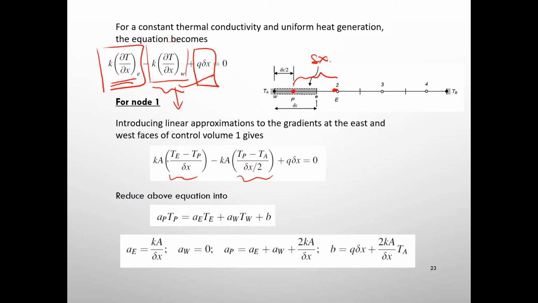That is how these equations come from. Meanwhile, if you want to compare to A, since this is half the distance compared to the one before, to the east, the distance is delta x over 2. And this is the source term, which is from here.